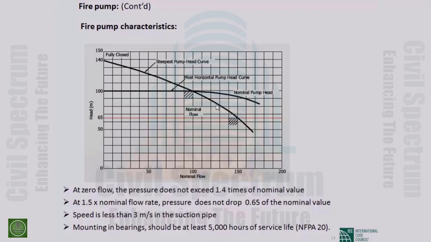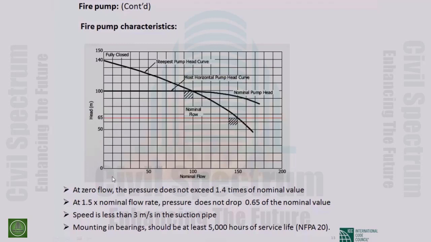If I design a fire pump with a nominal flow of 100, the pump should work at 150% flow with a pressure not less than 65% of your design. So if your design is 100, then when the flow rate is 150%, the pump should work perfectly.